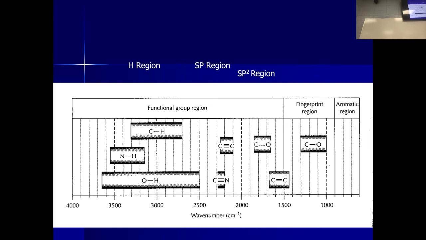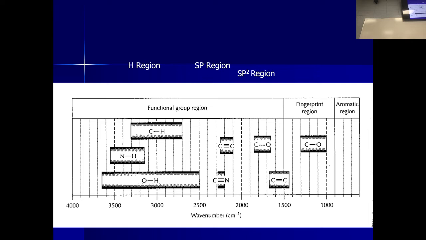That's things like carbon-oxygen double bonds, carbon-carbon double bonds. So if you saw a peak here, you would know I've got to have something that's sp2 hybridized.